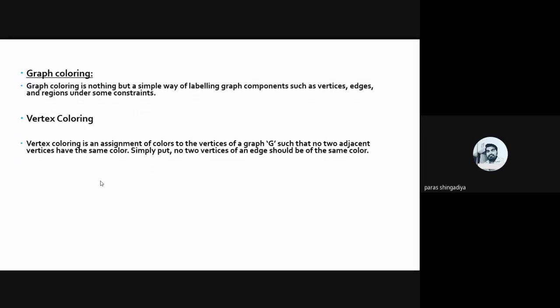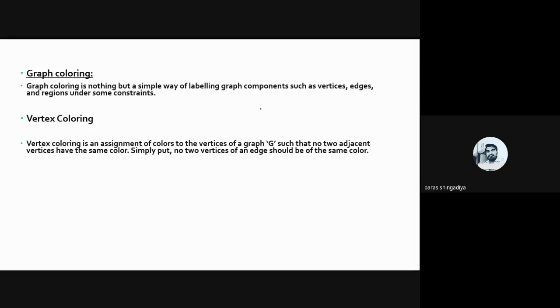Vertex coloring is an assignment of colors to the vertices of the graph G such that no two adjacent vertices have the same color. दो adjacent vertex में same color आपको fill नहीं करना है. And simply we can put it that no two vertices of an edge should have the same color.